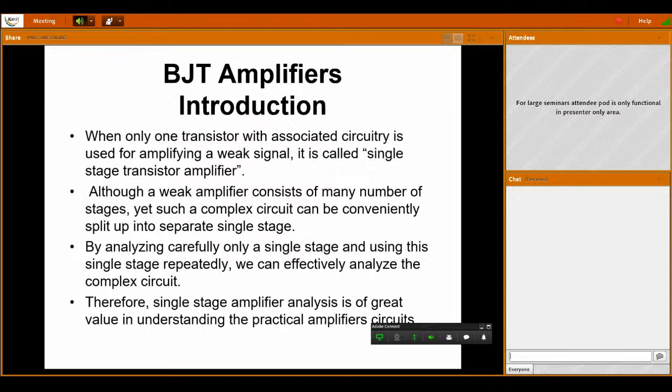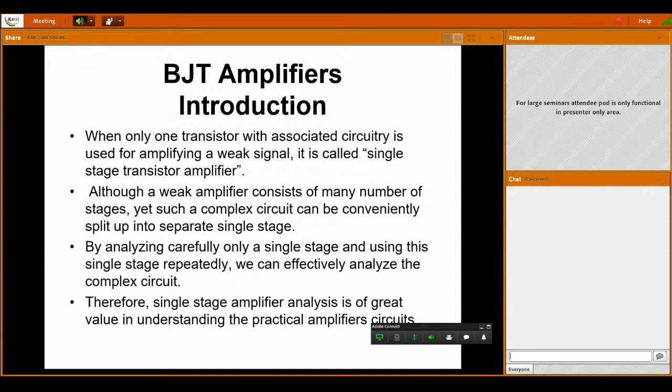After analyzing the first stage, we can implement the same for the next stages up to n stages. Then we calculate the overall voltage gain, current gain, as well as the power gain of the amplifier.